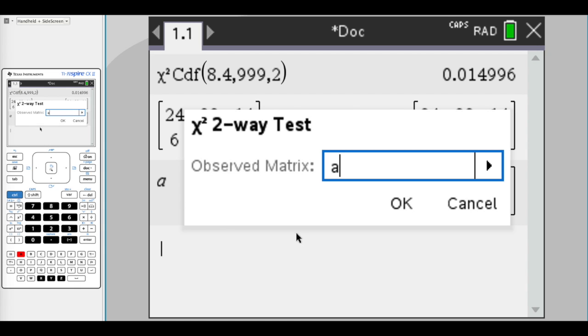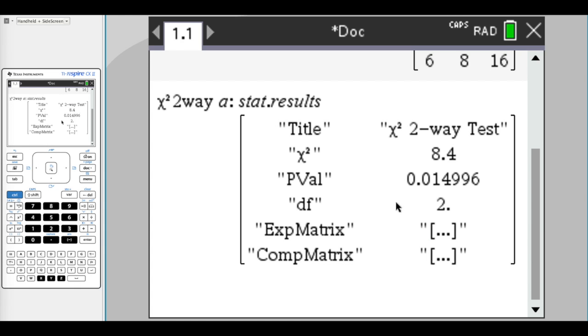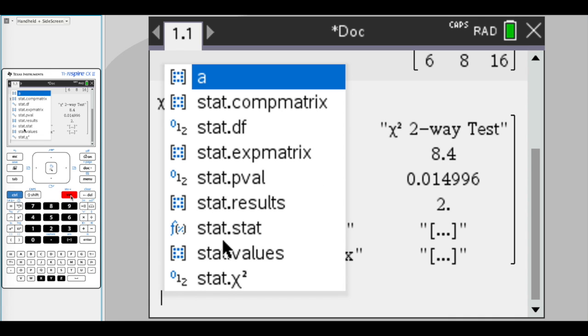If I type A in for our observed matrix, and I hit OK, you can see we get our chi-squared statistic of 8.4, our p-value, again, of 0.015, our degrees of freedom of 2, and we also get our expected matrix as well as our component matrix. And just like before, if you want to have access to either of these matrices, you're going to need to hit the variable button.